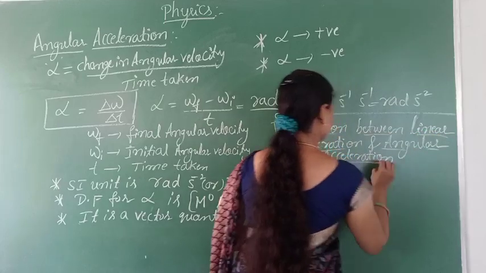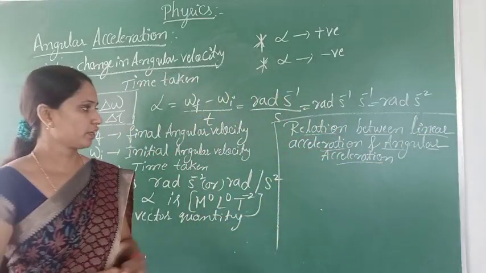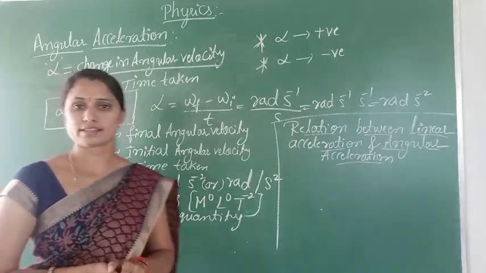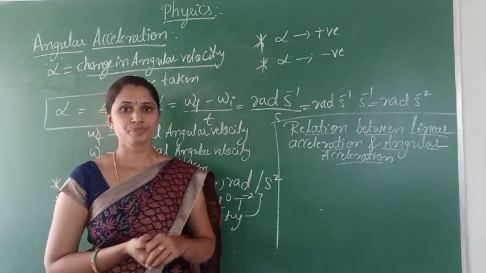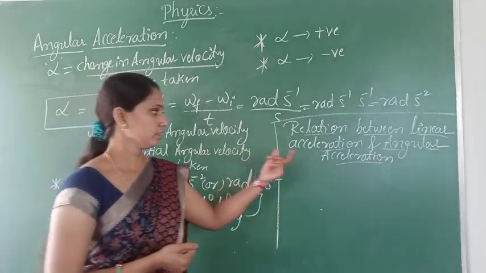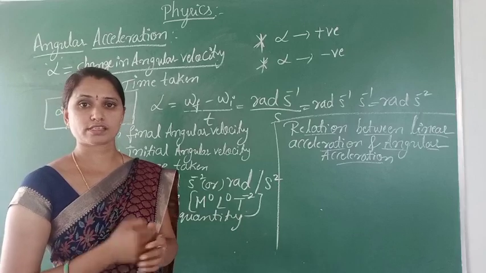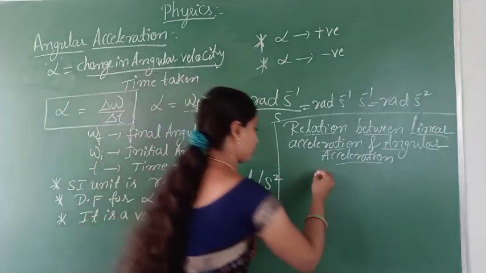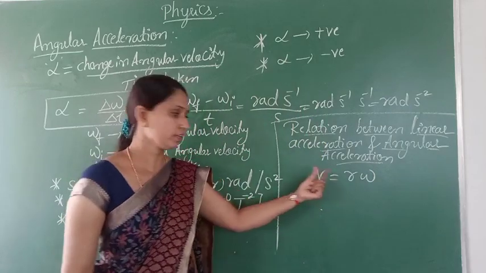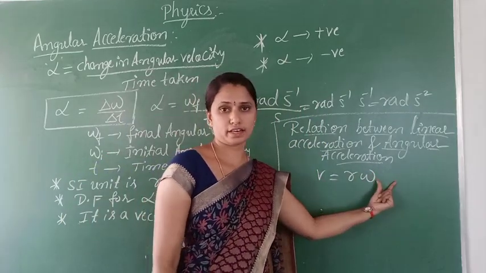We already know that linear acceleration is a equal to change in velocity divided by time taken. But here the relation between linear velocity and angular velocity is v is equal to r into omega.